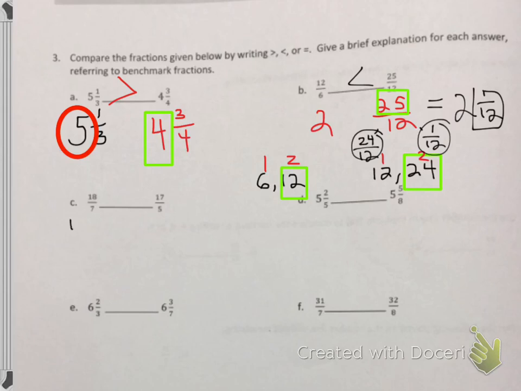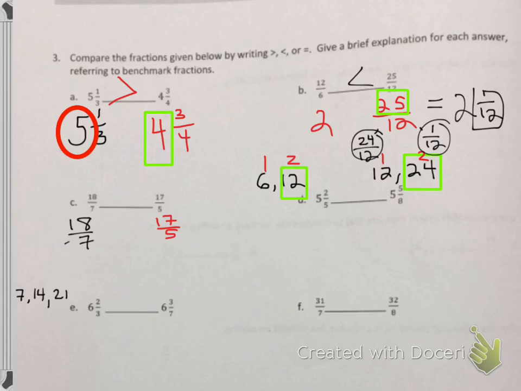All right, let's do 18 sevenths, and let's do 17 fifths. Okay, so when I skip count, 14 will be the closest that I can get to without going over.